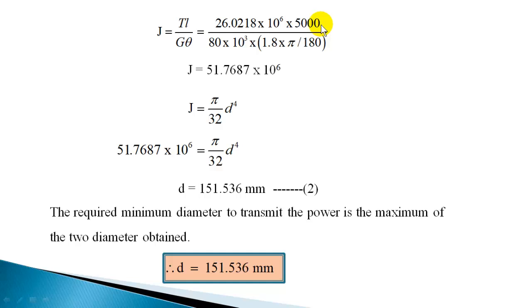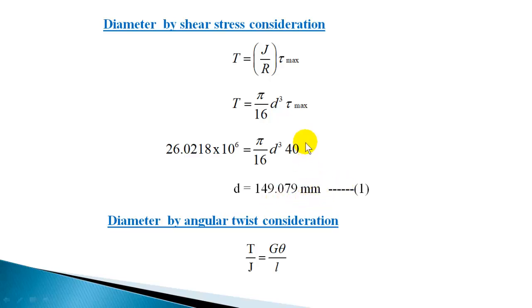This is the minimum diameter required to restrict the angular twist to 1.8 degree in a shaft length of 5 meter. So this is another solution to satisfy only the angular twist constraint, and the previous one we got for restricting the maximum shear stress. As I mentioned, you can increase the diameter but should not go below this.